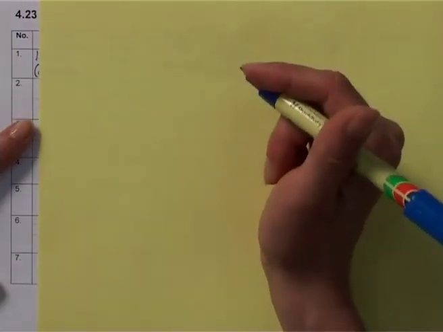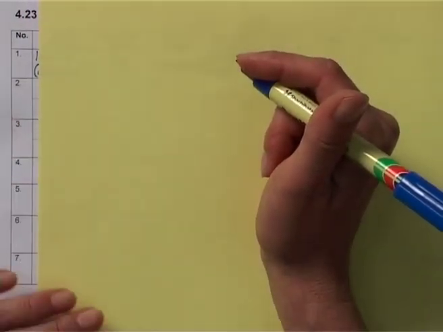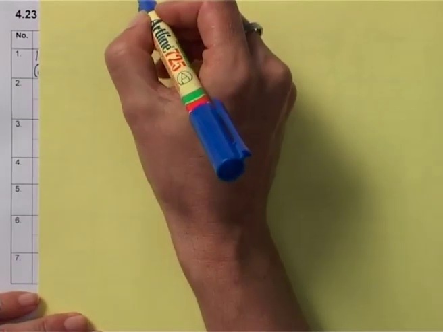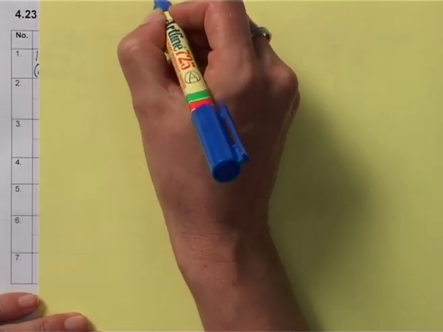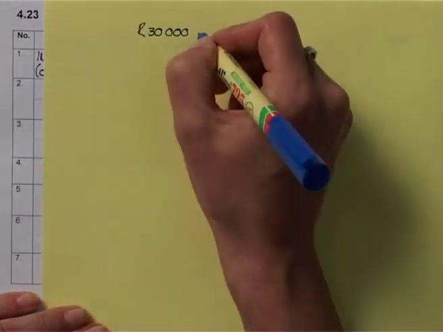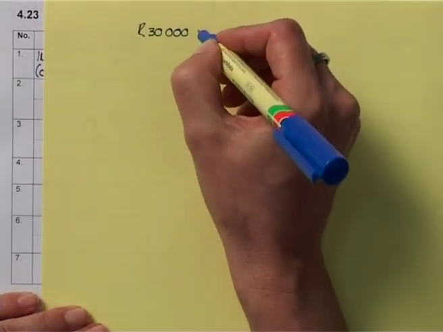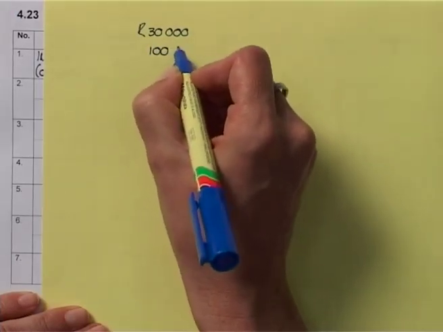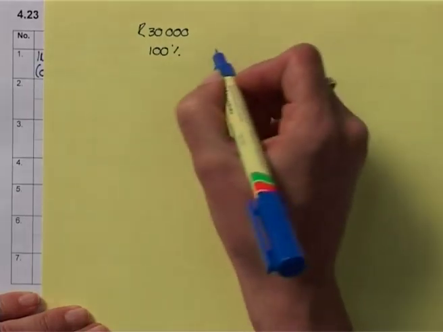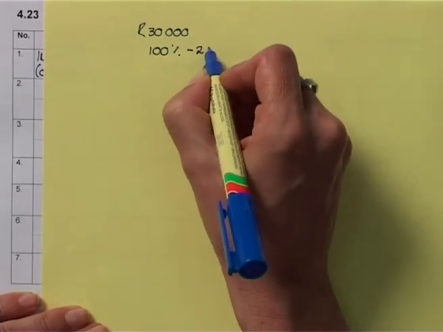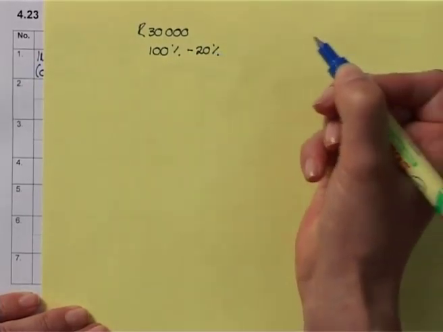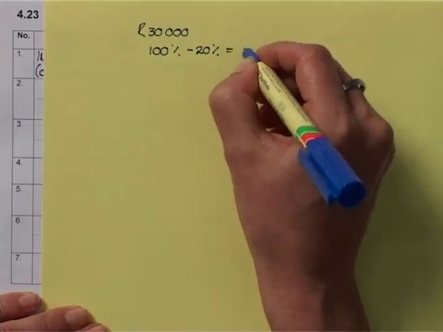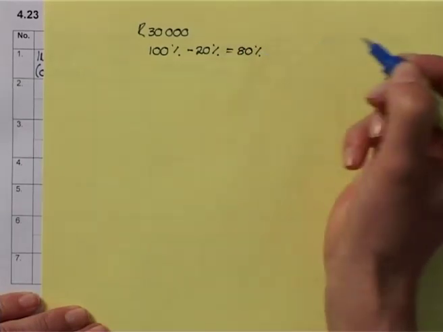So now we have to do a calculation where we take our 30,000 Rand value of inventory, and we want to deduct from that 20% discount. Now, if this was the 100% for the inventory value, and we want to deduct from that 20% trade discount, we are actually looking for 80% of this value.